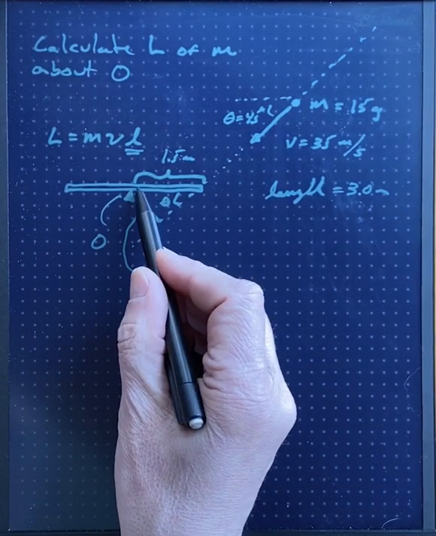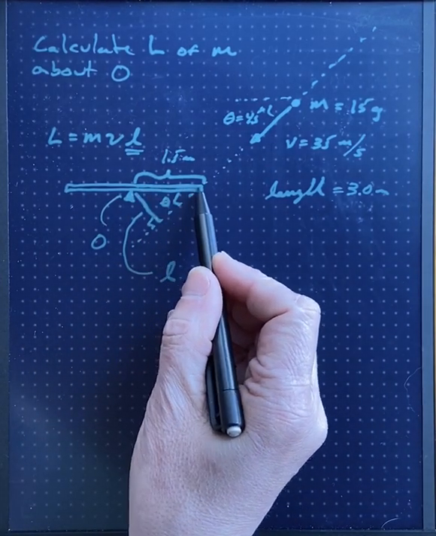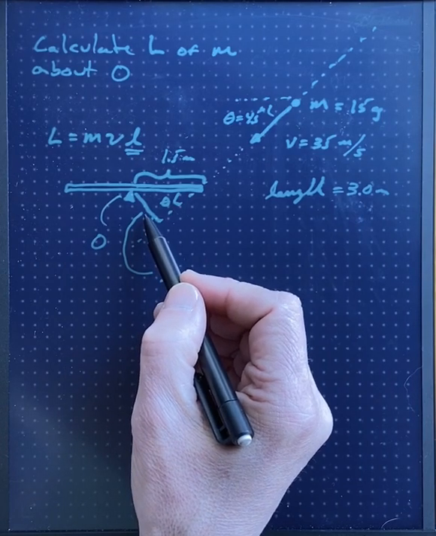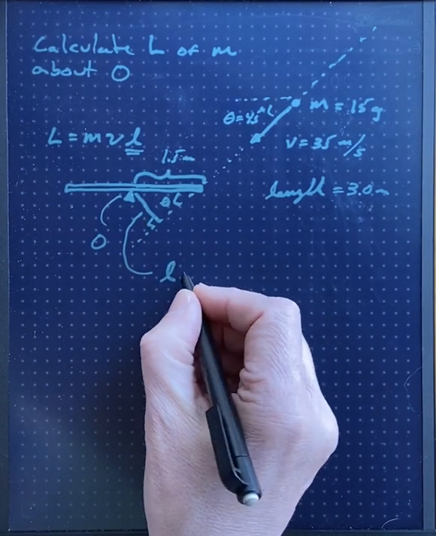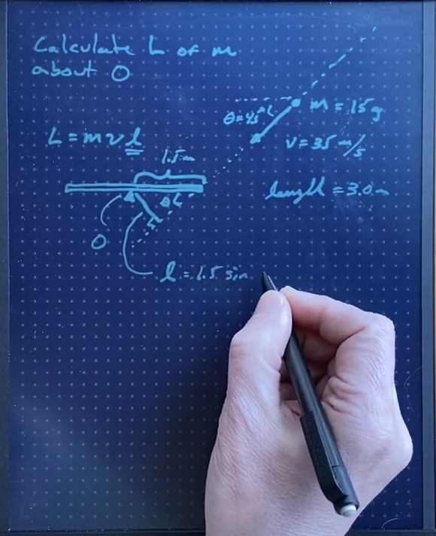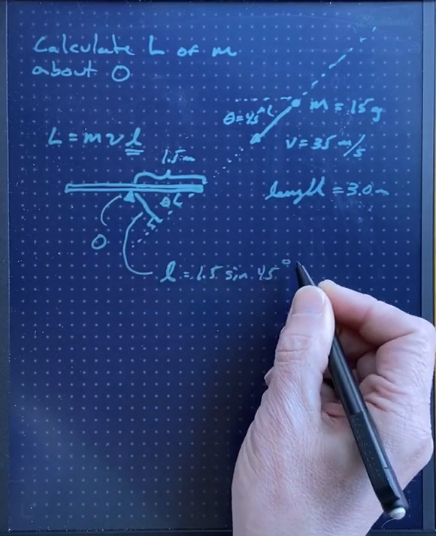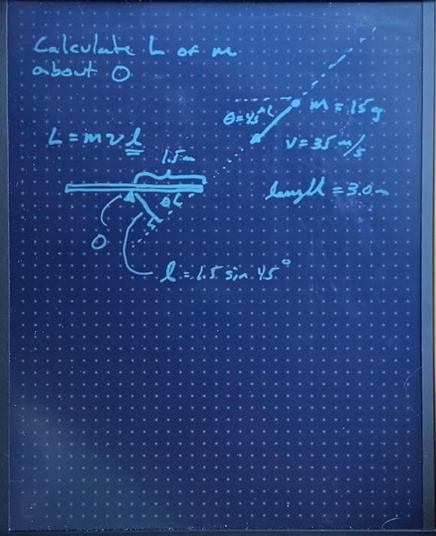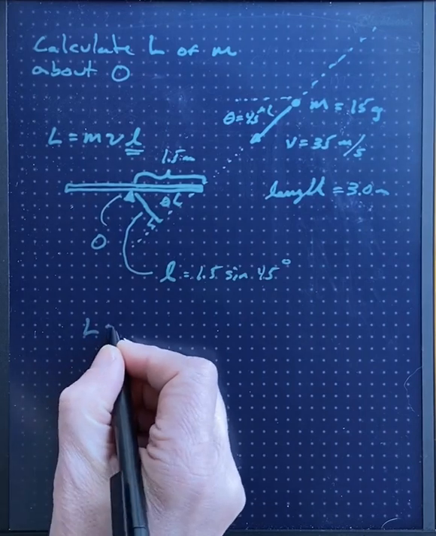So to me it looks like I got the hypotenuse here, and I got an angle, and this is the opposite side. So the opposite side is the sine side. So to me it looks like it would be 1.5 times the sine of 45 degrees. So you can evaluate that out to see what you get. But now we can get the angular momentum.